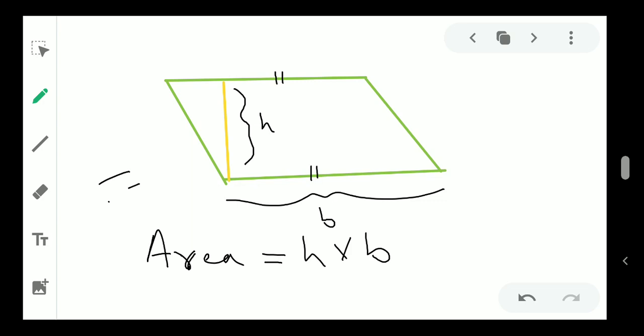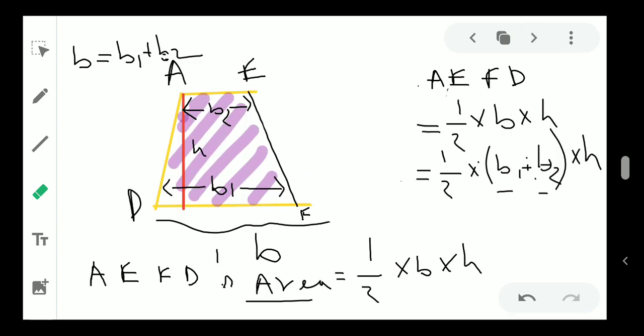The area of a parallelogram is very easy. You see which two sides are parallel to each other, then you take the height and multiply with one of the bases of those parallel lines. I think that is easy, and this was it.